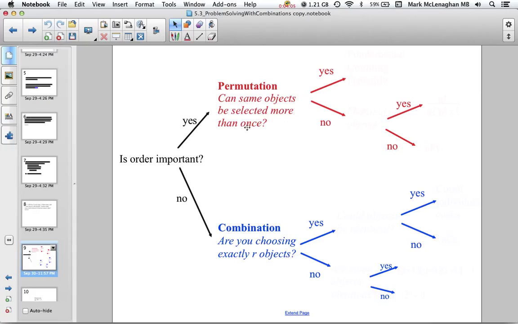Can some objects be selected more than once? Yes, and we use the fundamental counting principle. No. Are any of the objects identical? Yes, use n factorial over a factorial, b factorial, c factorial, and so on. Or no, and we just use nPr.